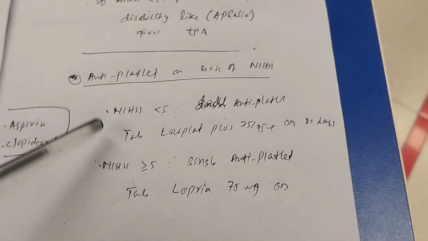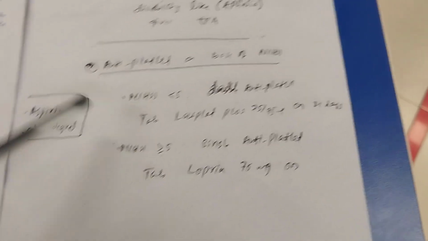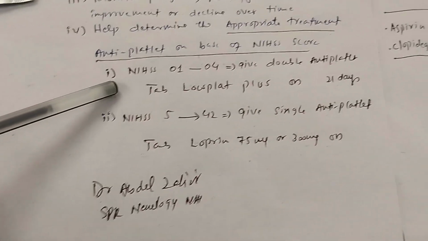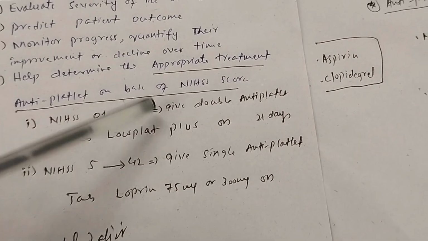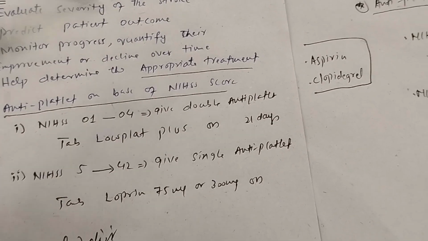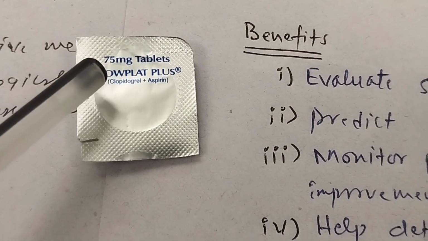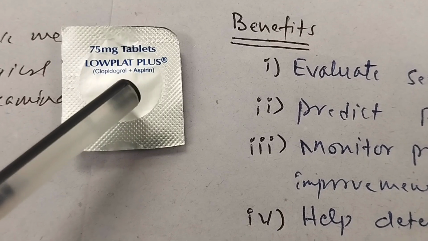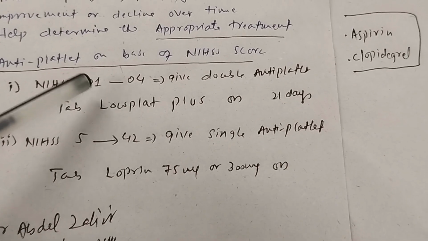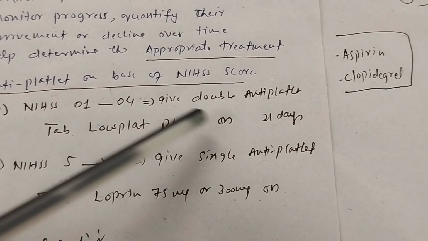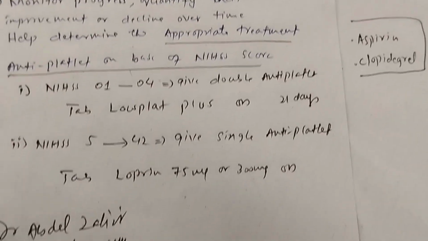Now this is very important to decide the antiplatelet. If NIHSS is from 1 to 4, then we should give double antiplatelet, aspirin and clopidogrel. So if the NIHSS score is from 1 to 4, give double antiplatelets for 21 days, and then shift to single antiplatelet.